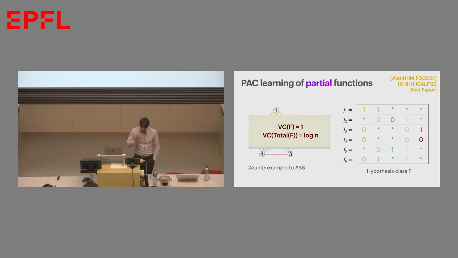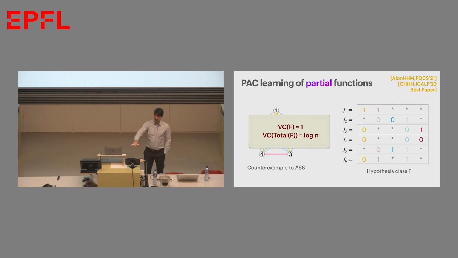And what they observe, and it's not hard to prove, is that this family has VC dimension 1. So VC dimension is the measure of how efficiently you can learn functions in this class. VC dimension 1 means you can learn them with constantly many queries. Yet the class does not reduce to any total function class.